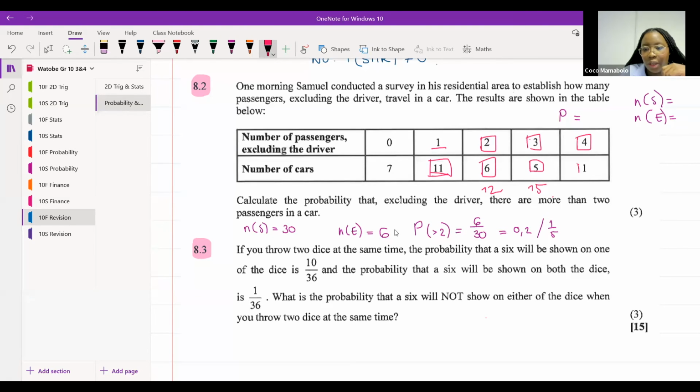And if there are 4 passengers in 1 car, that's 4 people. And then altogether, we'd have to add up how many people that is. But that's not what the question is saying. It's asking what is the probability that there are more than 2 passengers in a car. So we're not focused on how many people, we're focused on the probability of that particular car having more than 2 people in it. So yes, Rulani did answer this question correctly.